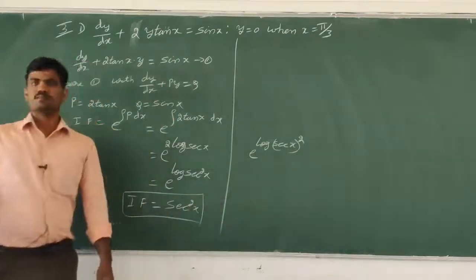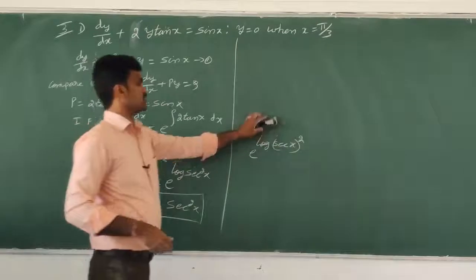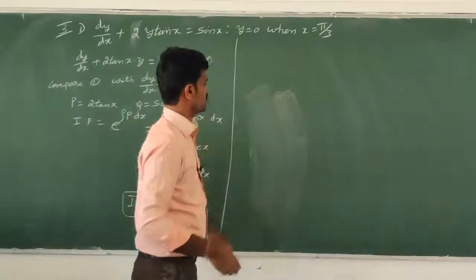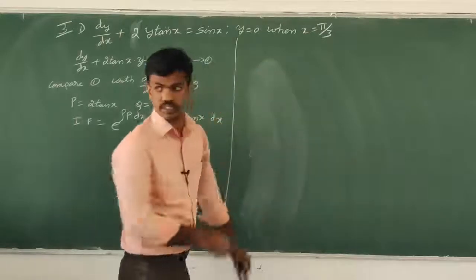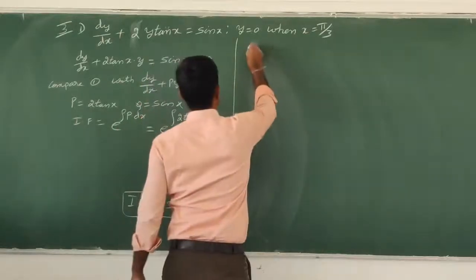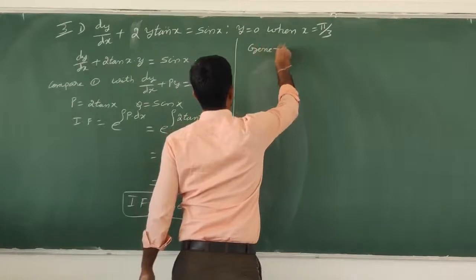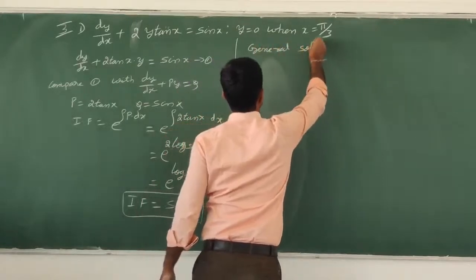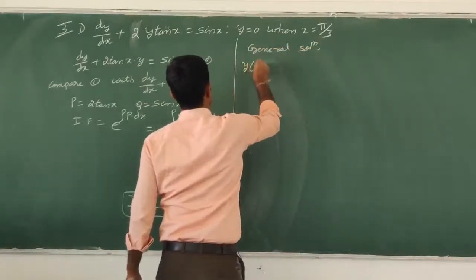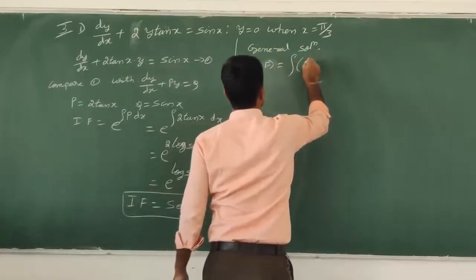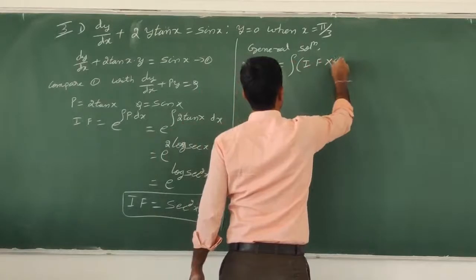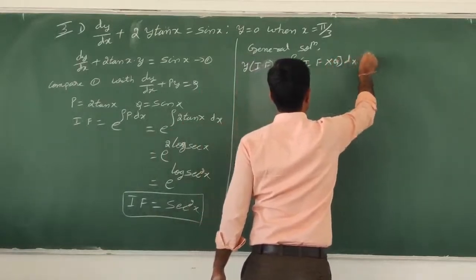After finding the integrating factor, our next aim is to find the general solution. We know the formula for the general solution: y into integrating factor is equal to integration of integrating factor into q whole dx plus c.